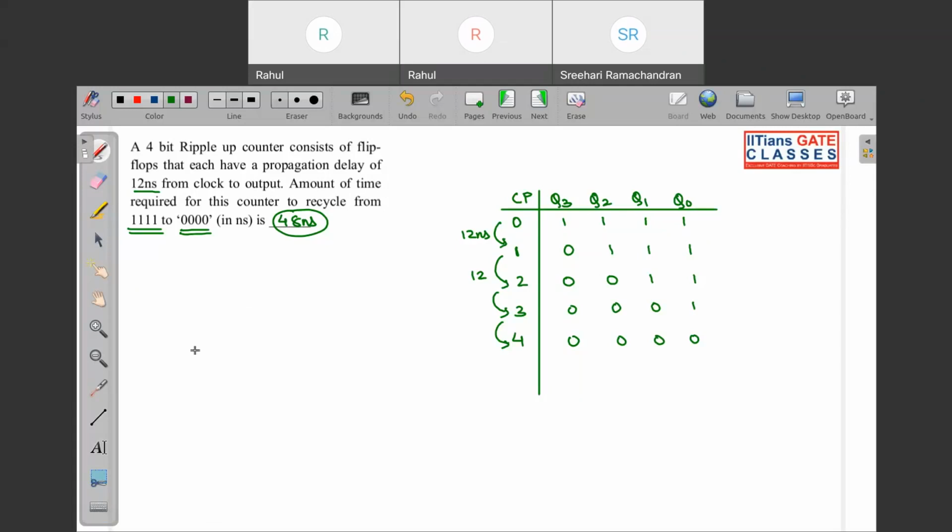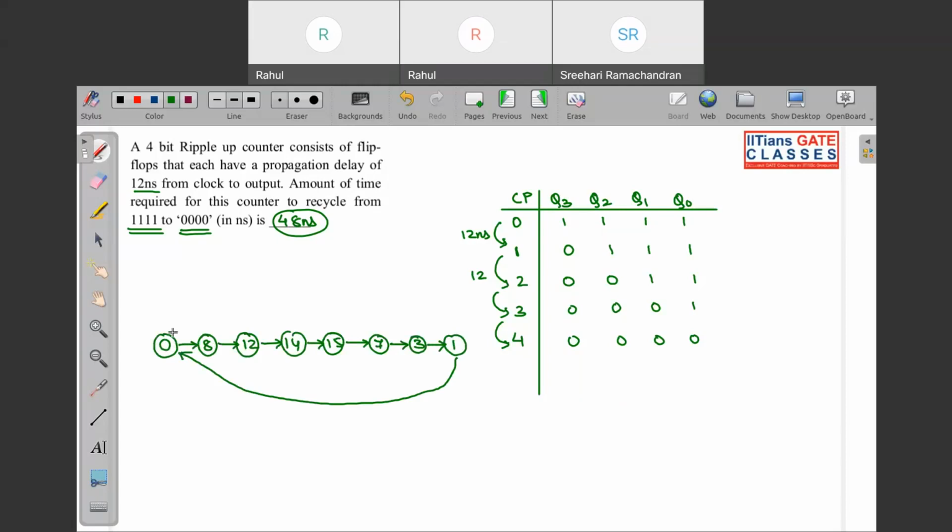See, what was the sequence of ripple up counter or Johnson counter? It was 0, then 8, then 12, then 14, then 15. Then you have 7, 3, then 1, and again you are going back to 0.